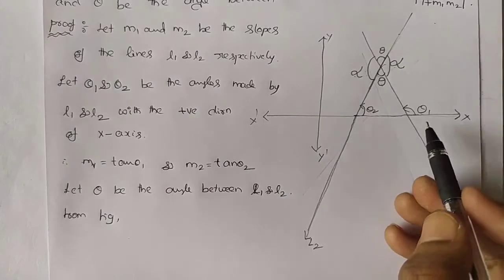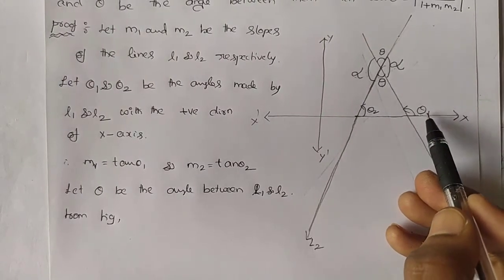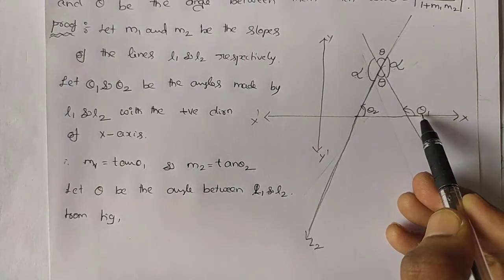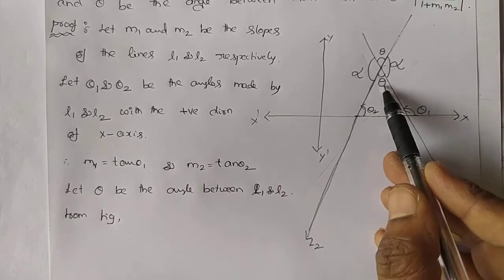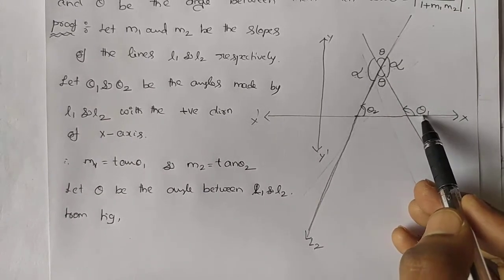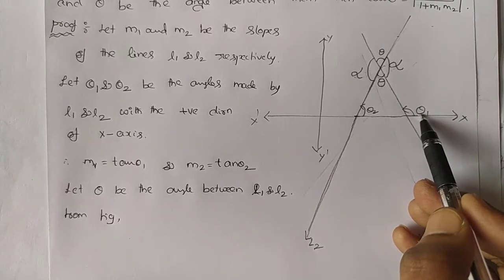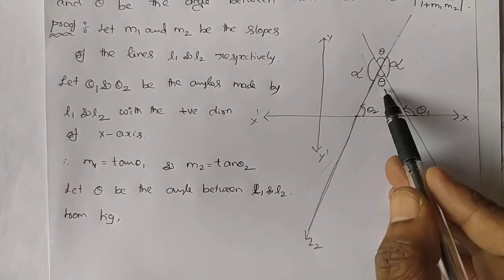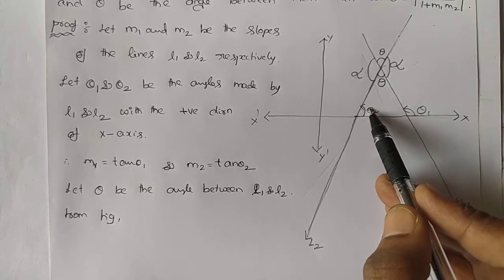We know that the exterior angle equals the sum of the two interior angles.